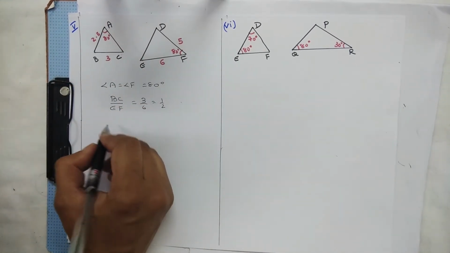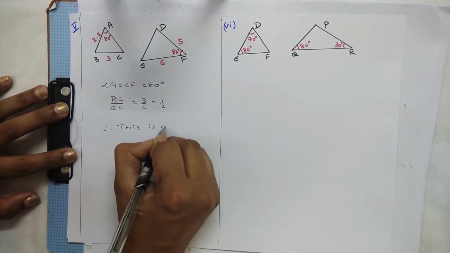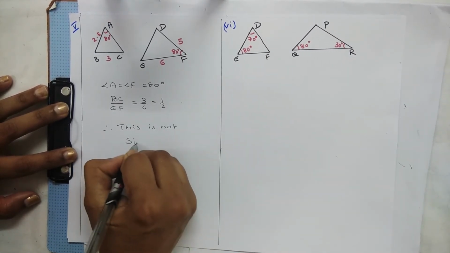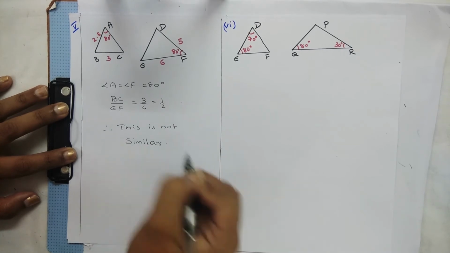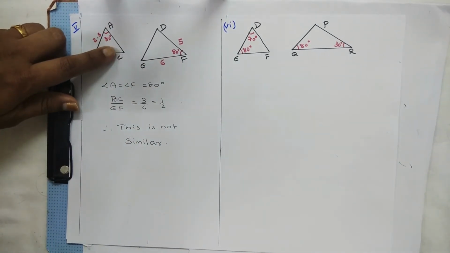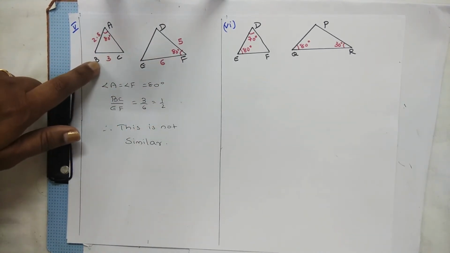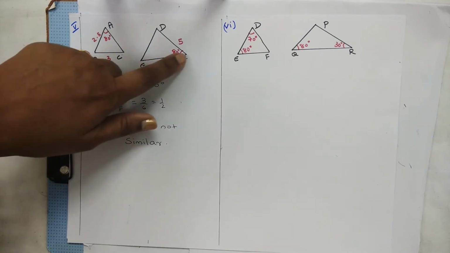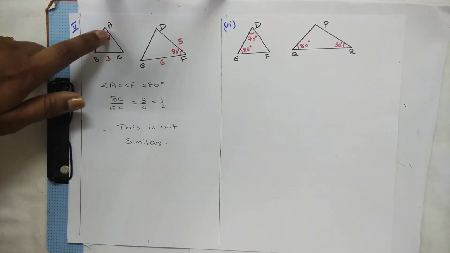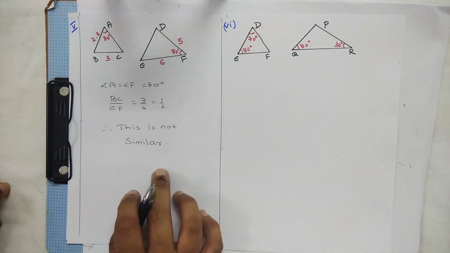Therefore, this is not similar. Because it is included angle, it's not coming. For the included angle sides, one side they didn't give you the ratio. Only 1 by 2 you are getting, but you should consider DF by AC. So it is not equal. That means they are not similar.